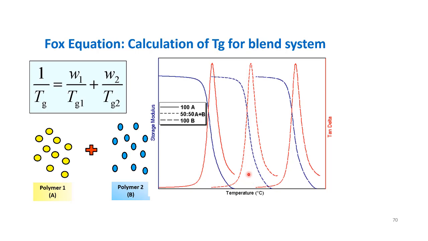So again, this shows that the two polymers are miscible very properly, and that's why their glass transition is shifted to somewhere in the middle point of the two, and it is showing a single temperature of transition. That means these two are very miscible in nature.